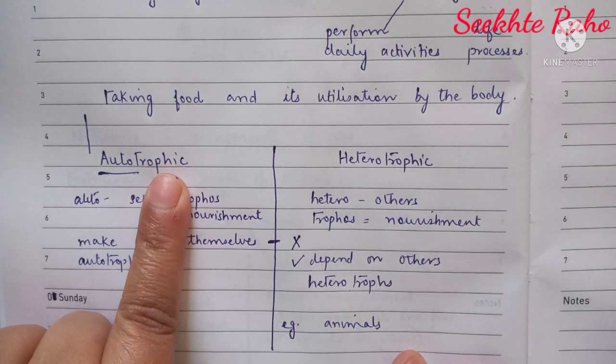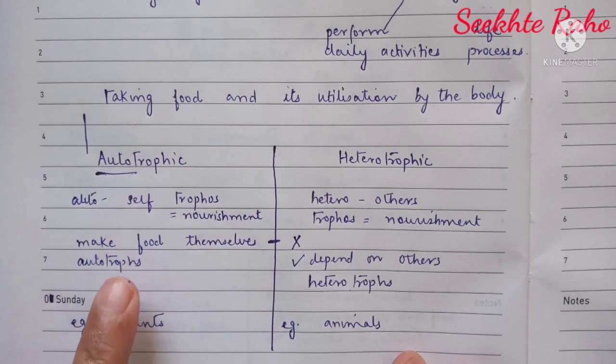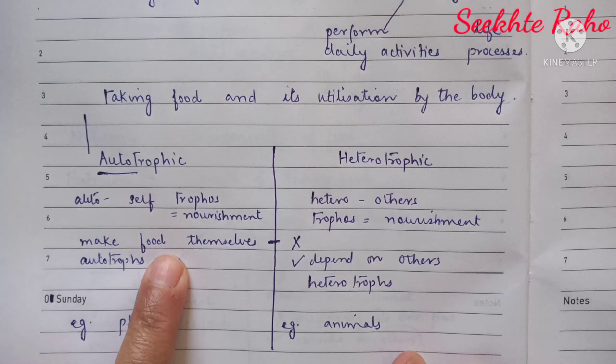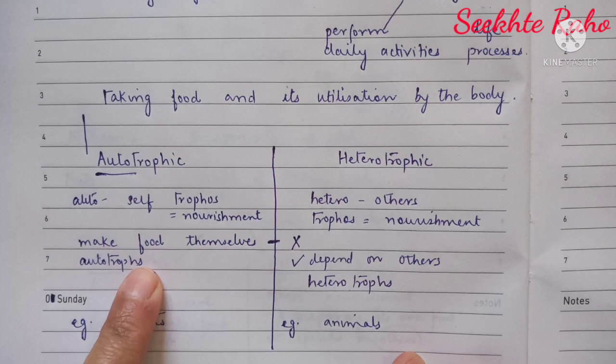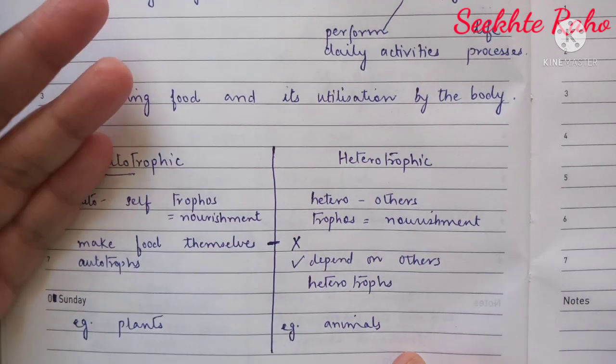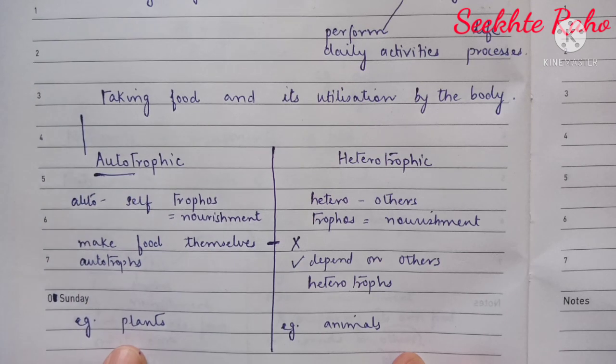So what is autotrophic mode of nutrition? The process in which the organism makes food on its own. And the organism that prepares food on its own is called as an autotroph. It is synthesizing its own food. Such plants which can synthesize their own foods are autotrophs.